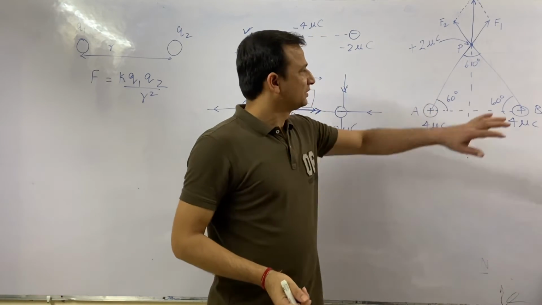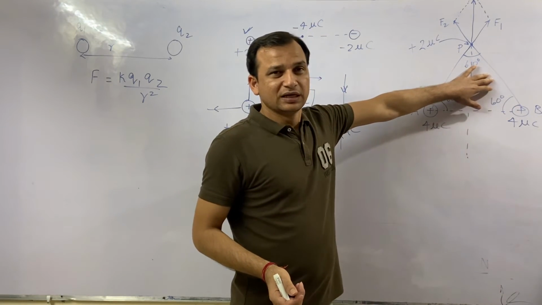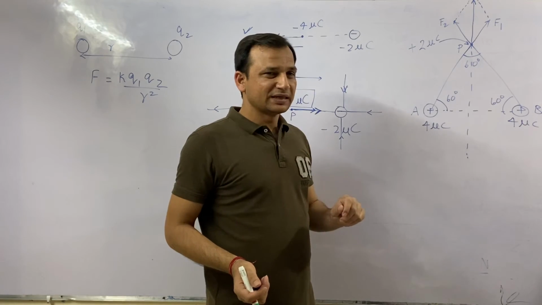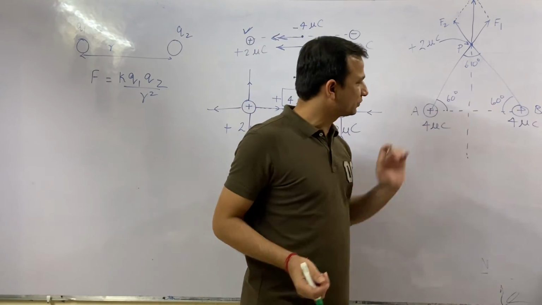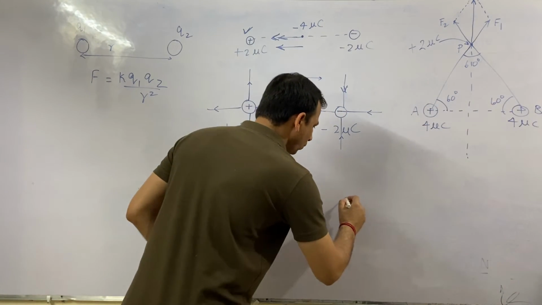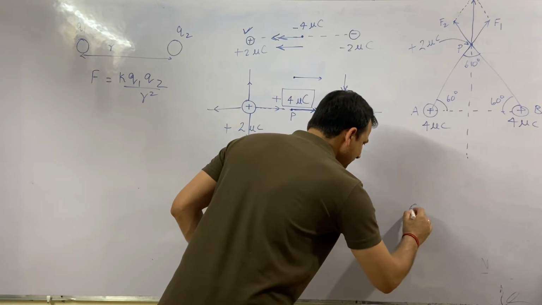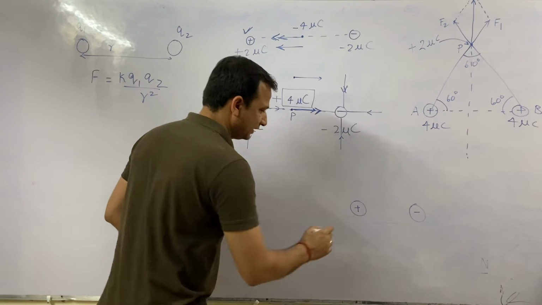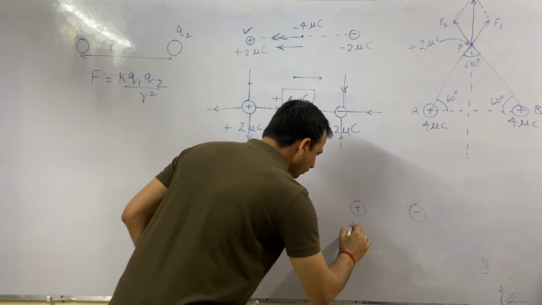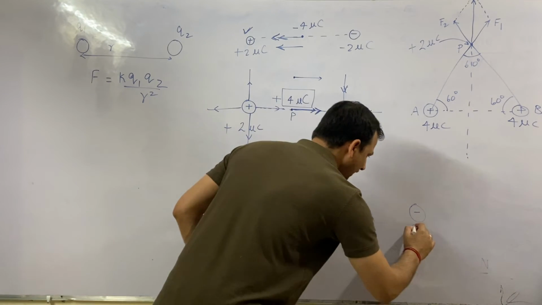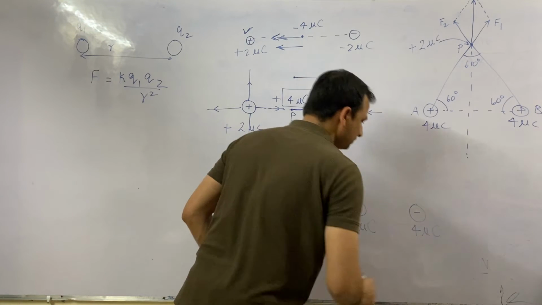This is clear to you? Now imagine, instead of using two positive charges, I am using one positive charge here and another negative charge here. They both have the same magnitude, 4 microcoulomb and 4 microcoulomb.